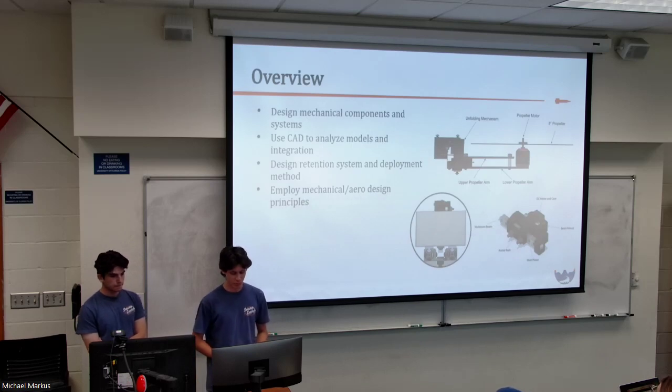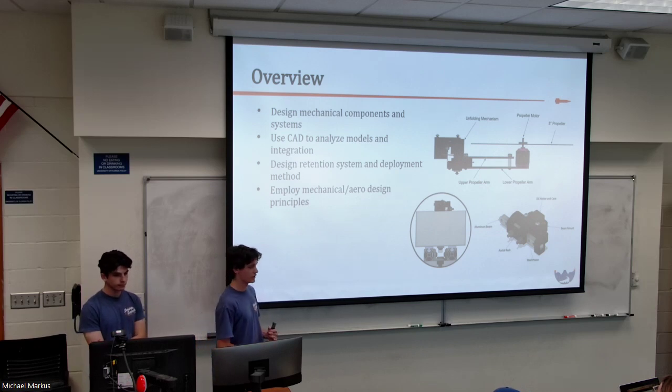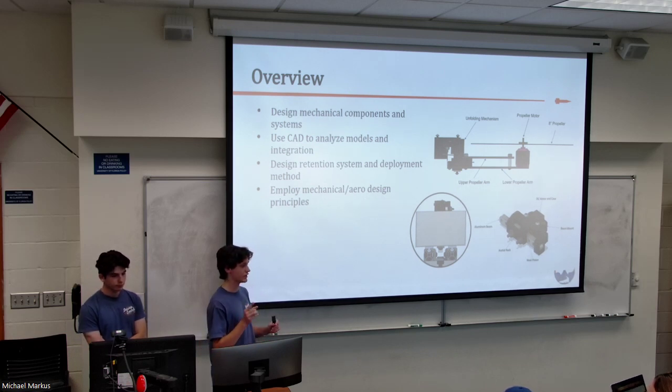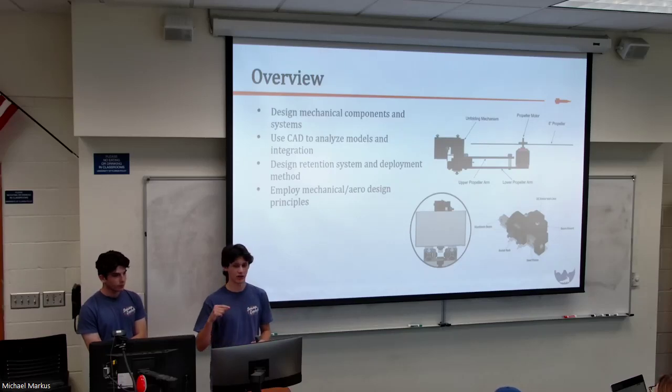So there's a bunch of different ways to do that. You could do some kind of rack and pinion system. I know with the NASA competition last year, we had the plane come out of a door and we held the door closed with a rack and pinion system. In case you don't know, a rack and pinion is mainly made up of two parts. The rack is like a gear that's just a flat line, so all the gear teeth are just on a stick.